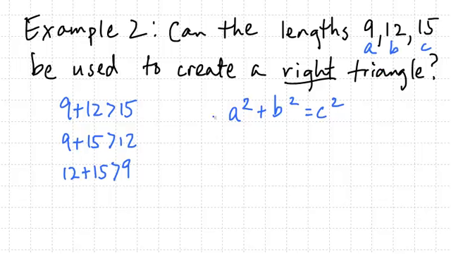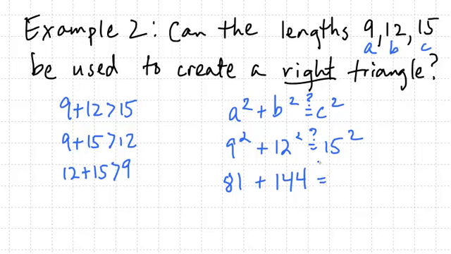Plugging into the equation, we have 9 squared plus 12 squared, and we're not sure whether or not it's equal to 15 squared. 9 squared is 81, plus 12 squared, 144. Does that equal 225? If we add these two together, indeed, 81 plus 144 is 225.